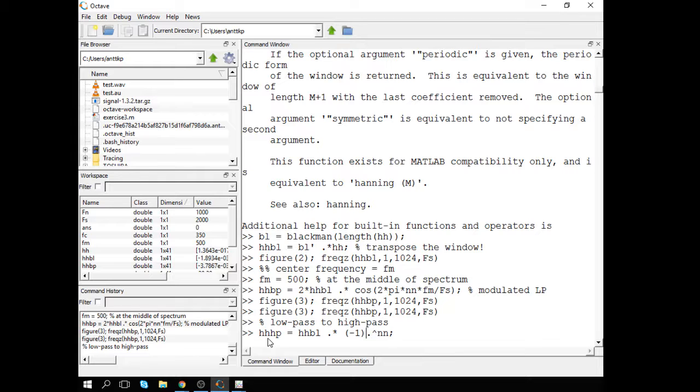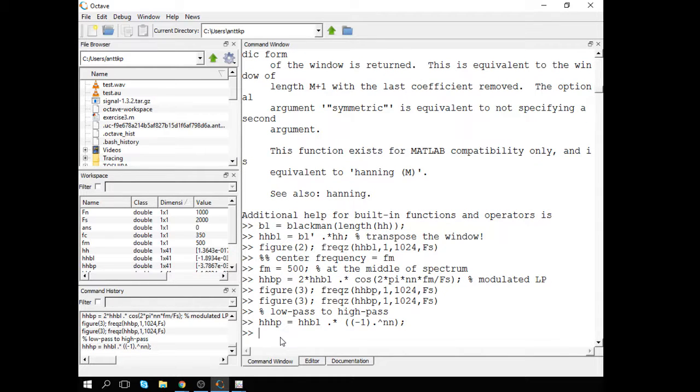It does not hurt to add some extra parentheses on this just in case. And then again, figure 4, high pass.